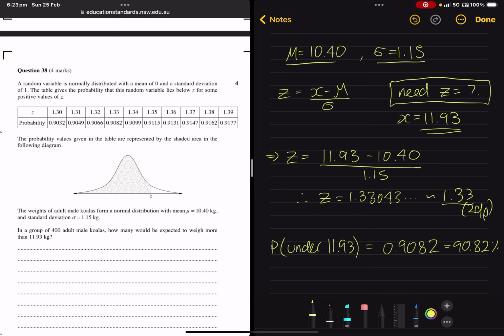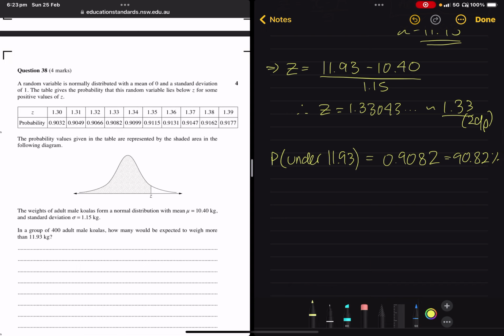So in a group of 400 adult male koalas, how many would be expected to weigh more than 11.93? Well, the probability that any one is less than that weight is 90.82%. Therefore, the probability that any one koala is more than 11.93 is going to be about 0.0918, 9.18%. So we just need to multiply the probability that any given koala weighs more than the weight in question by the number of koalas.